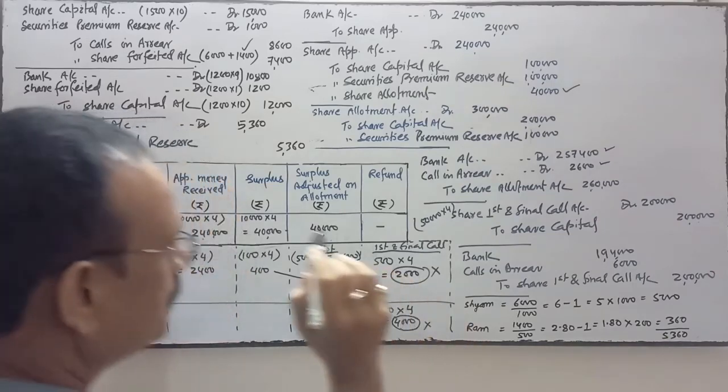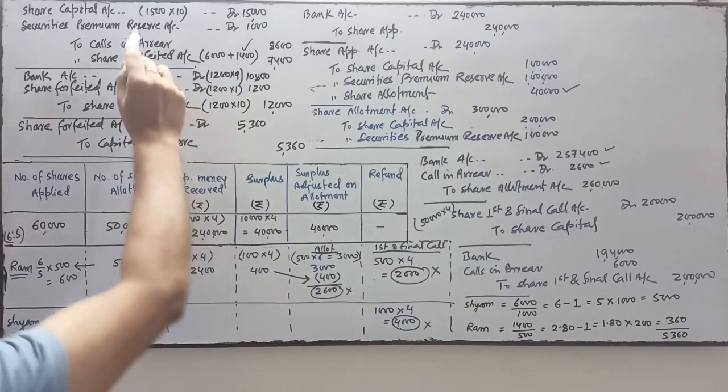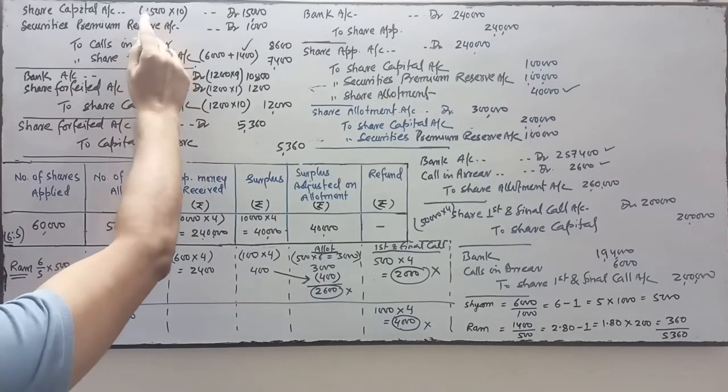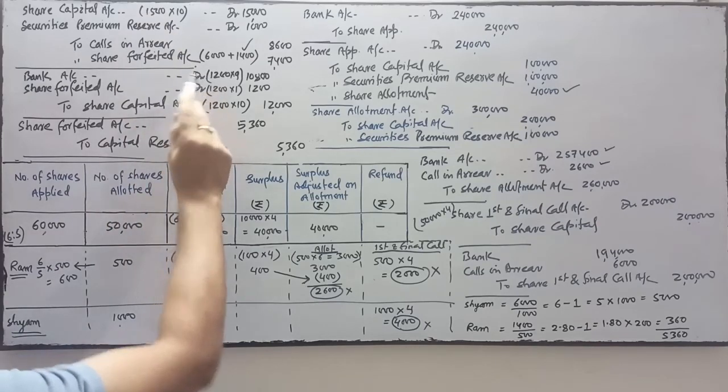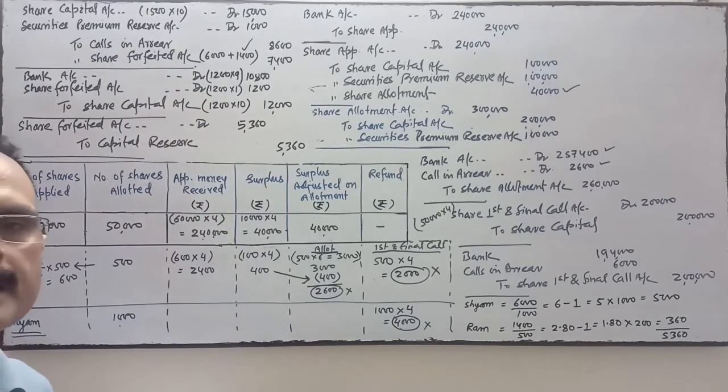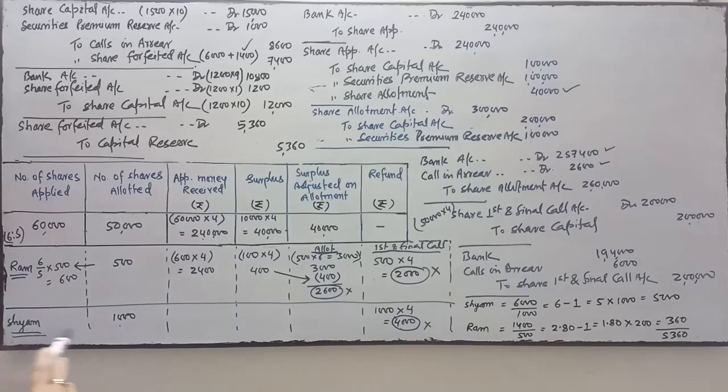Once again, out of the forfeited shares, we have forfeited 1500 shares, only 1200 shares are reissued. Out of this 1200, the whole share of Shyam is there, 1000. So 200 shares of Ram are reissued and 1000 shares of Shyam are reissued. Coming to this, I am going to calculate the net gain.